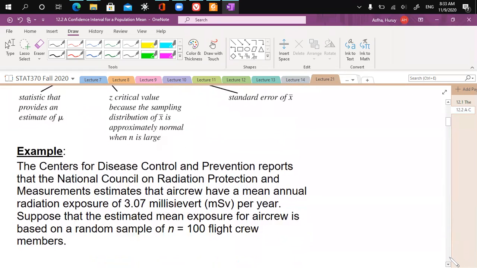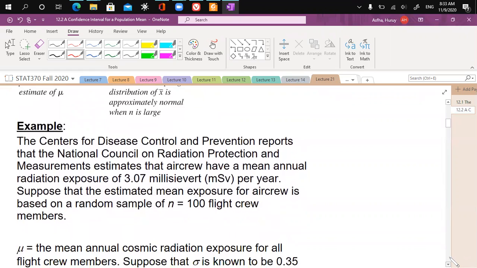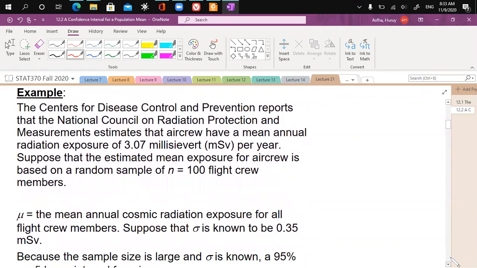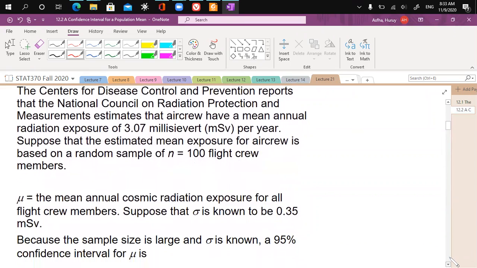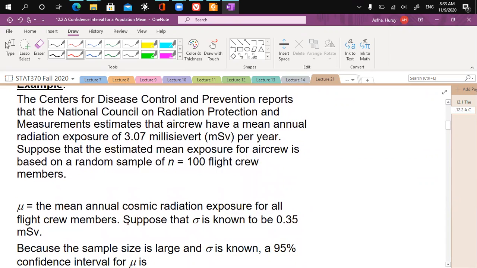All right, now let's look at this example. So here we have n equals to 30, and mu is the mean annual cosmic radiation exposure for all flight crew members. Suppose sigma is known to be 0.35 mSv.